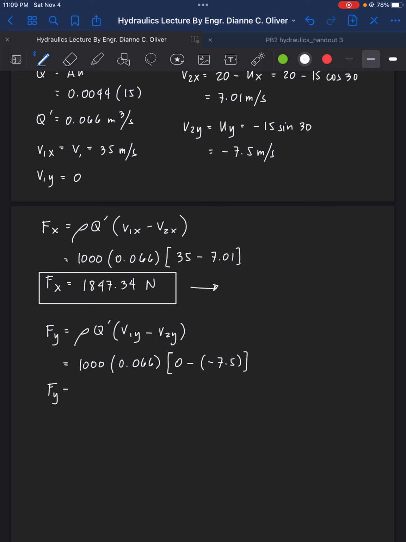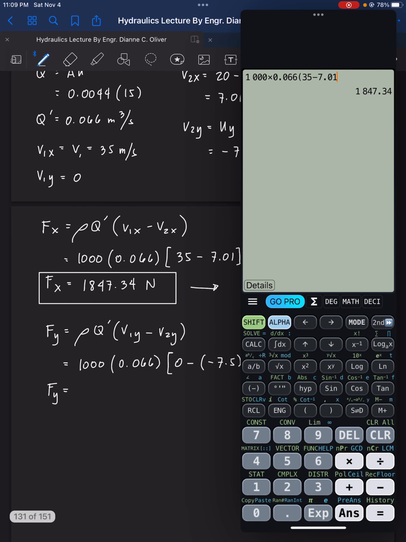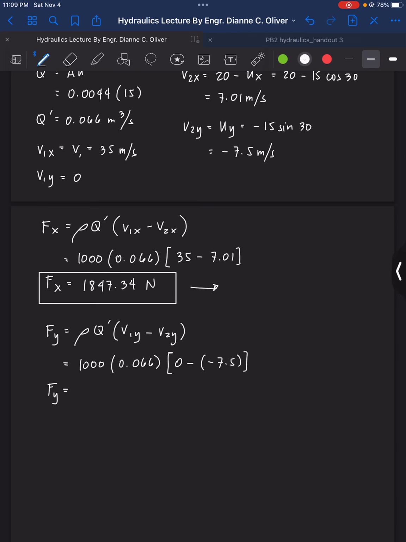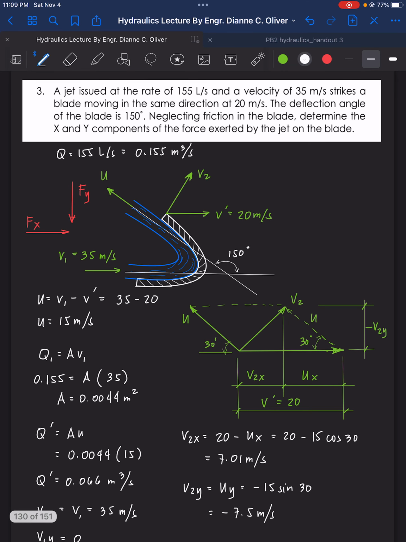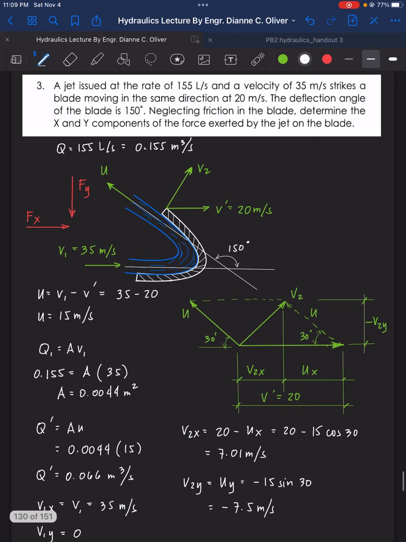So Fy is now equal to 495 Newton. So 495 Newton, positive, therefore it is downward. So that's for example number 3. The x and y components exerted by the jet into the blade.